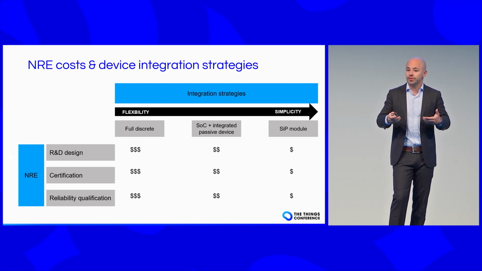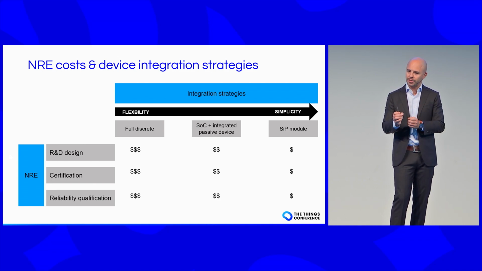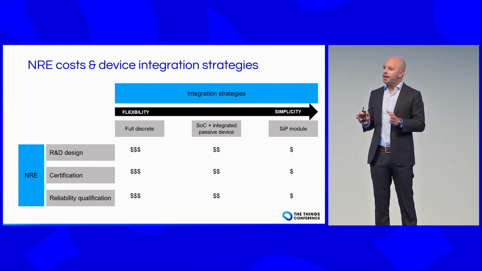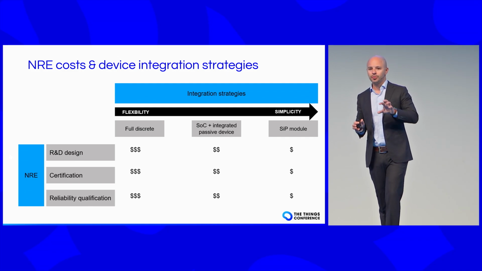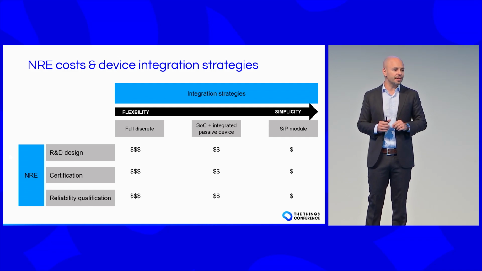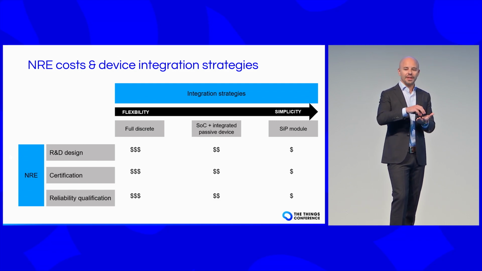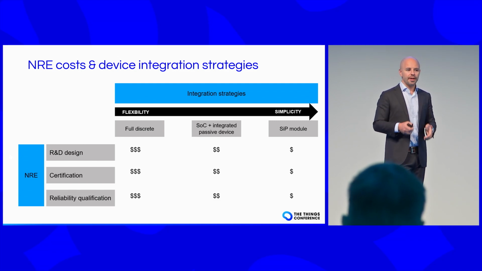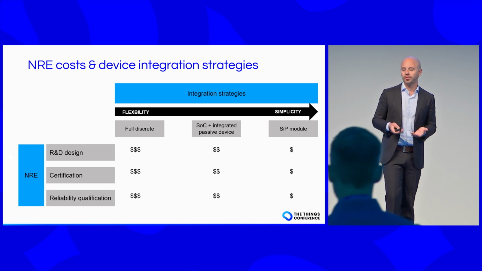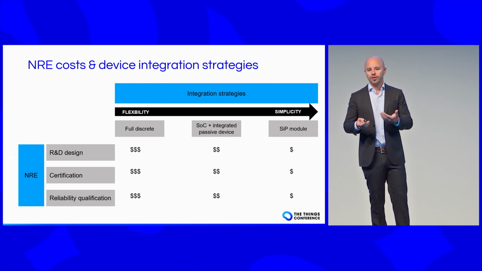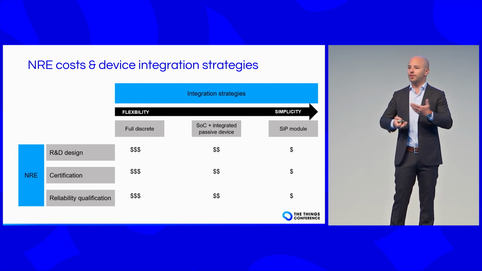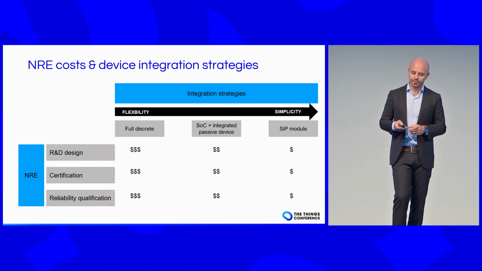This is the most difficult task because it uses several passive components. The intermediate solution is to use an IPD, an integrated passive device. Such a device integrates all the passive components into a single chip that is already tuned. This is a mix between a flexible solution and an integrated solution.